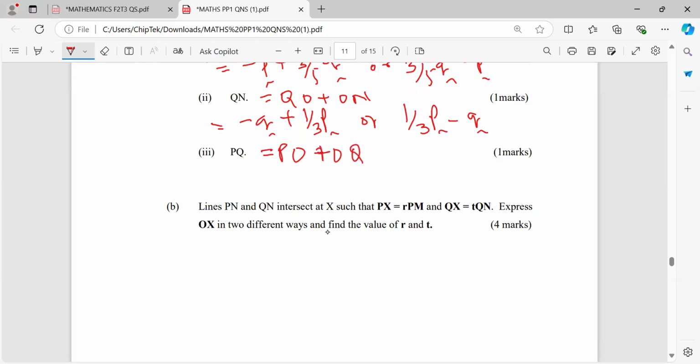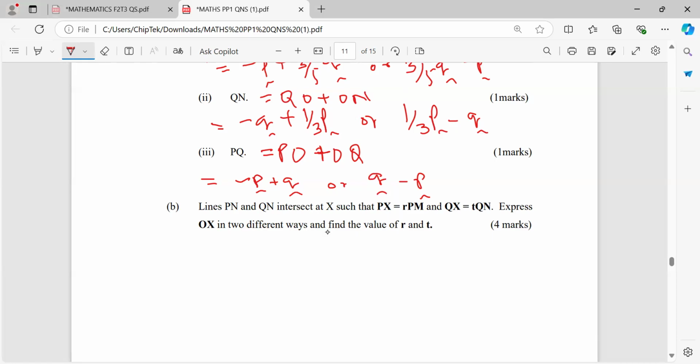PO, you're going against the direction. So OP ni P, so PO is negative P plus OQ going along the direction. That OQ will be pure Q. So either this or this. And we have this so that you can understand which data I'm writing.